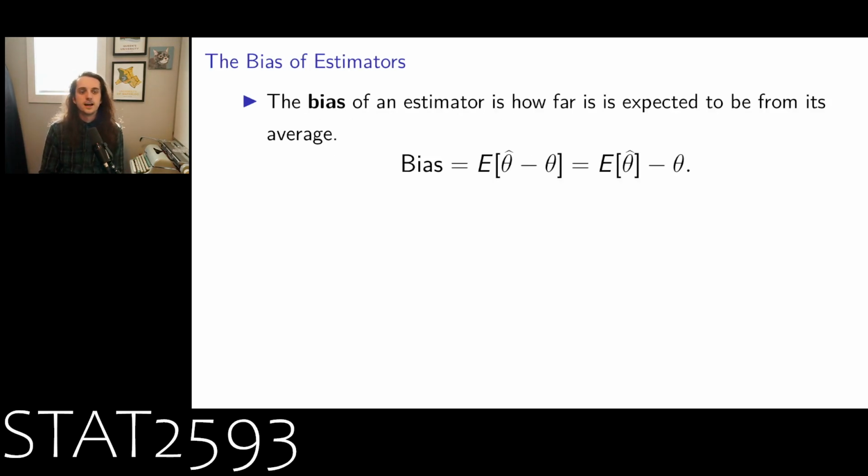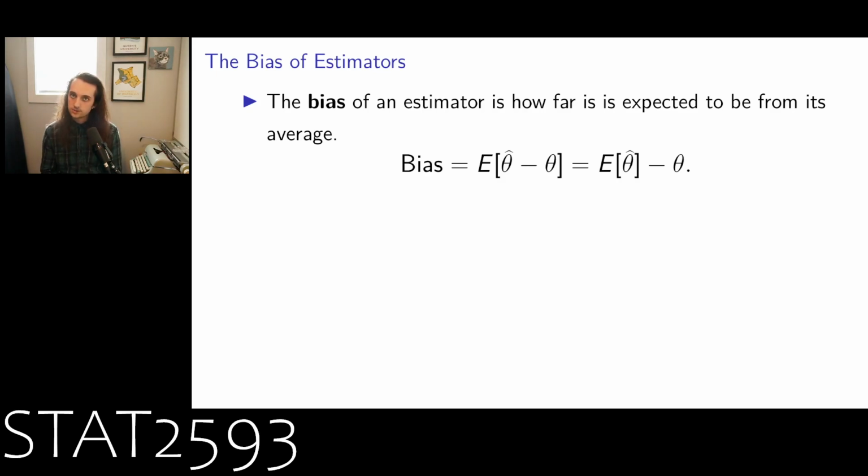So the bias of an estimator is how far it is expected to be from its true value, right? So if we were to take the expected value of theta hat minus theta, this is going to be the bias of the estimator here. And so whenever the estimator has the same expectation as the true value, we're going to say that it's unbiased because this expression is going to be 0.